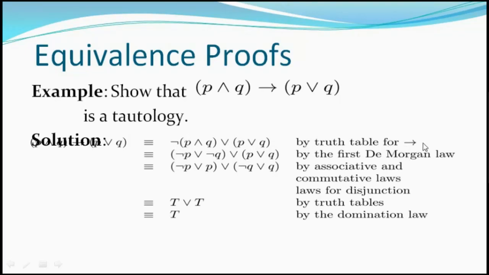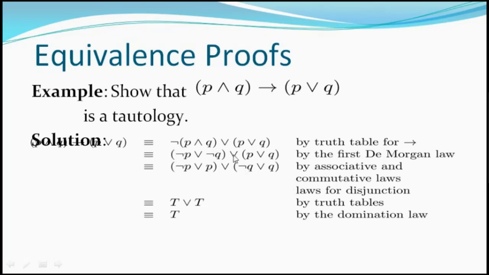We have seen the implies truth table, where P implies Q can also be rewritten as negation P or Q. Now this can be expanded using the first law of De Morgan's law: (P and Q) whole complement becomes P complement or Q complement, so negation P or negation Q or P or Q. Then by using the associative law and commutative law, you can further expand it like this.